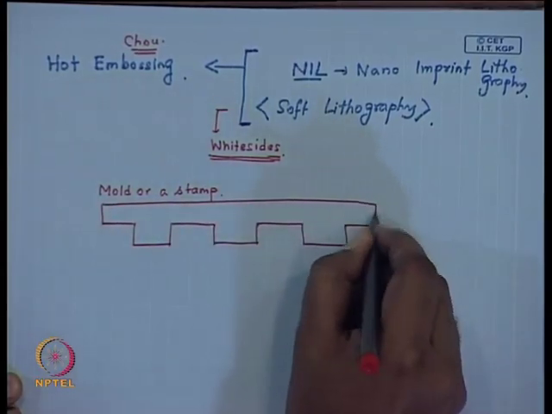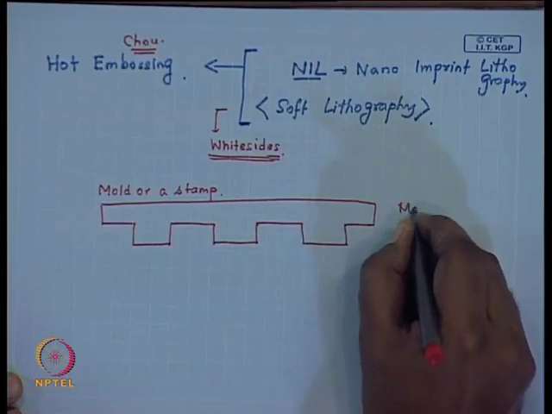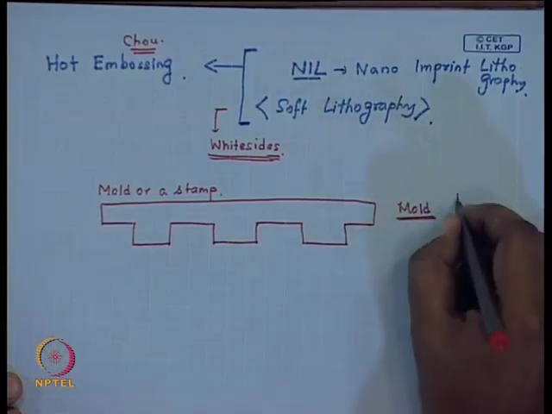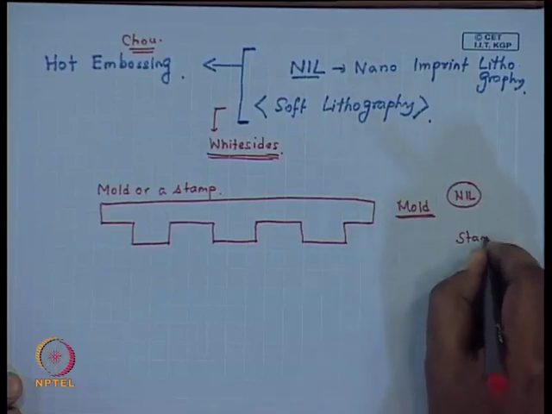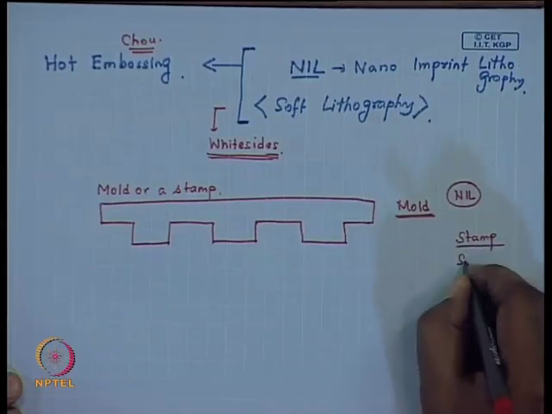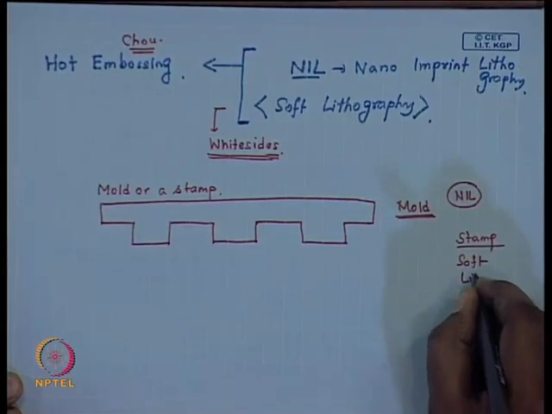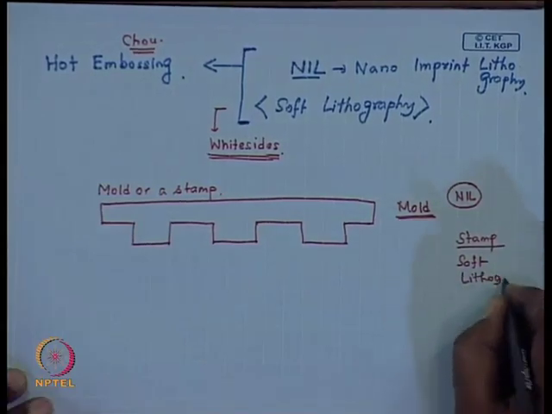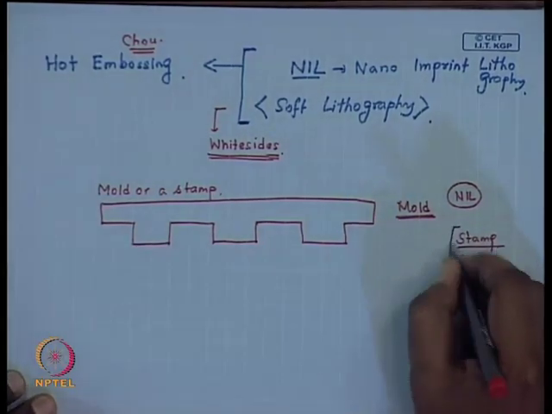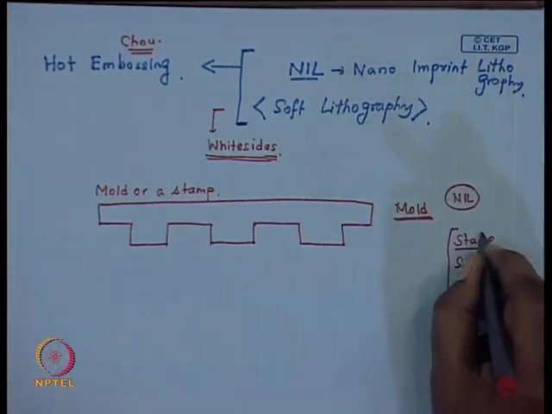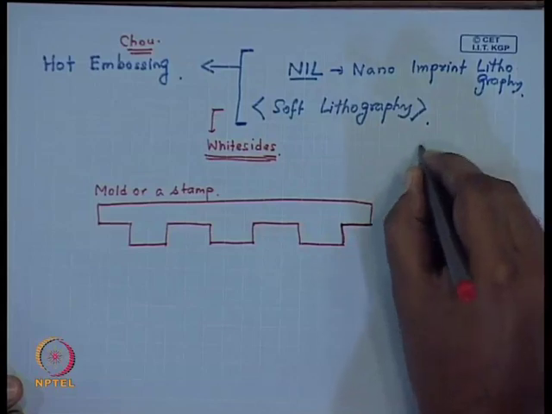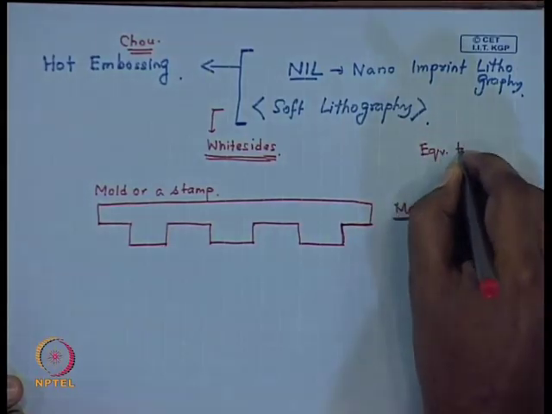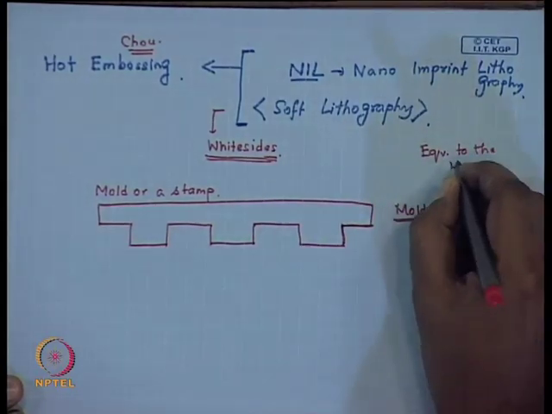You take a stamp, often referred to as a mold in nano imprint lithography. Stamp is a word which is more frequently used in soft lithography, which is something we are going to take up in the next class. So, just keep it in mind. The mold is in some way equivalent to the mask of photolithography.